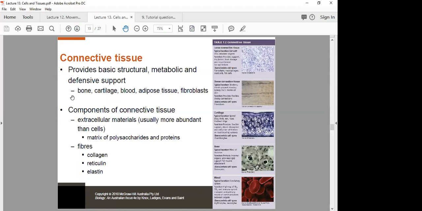It could be calcified, as you would find in bone and teeth. Connective tissue could be fluid, as in blood. Some examples listed here of connective tissue: bone, cartilage, blood, adipose or fatty tissue, and fibroblasts. So as we just said, components of connective tissue, the extracellular materials, or the ECM, is usually more abundant than the cells themselves.